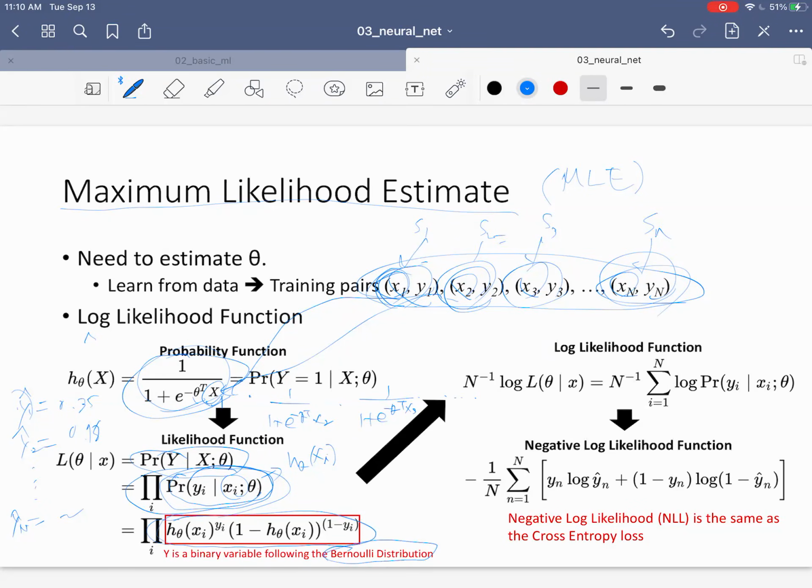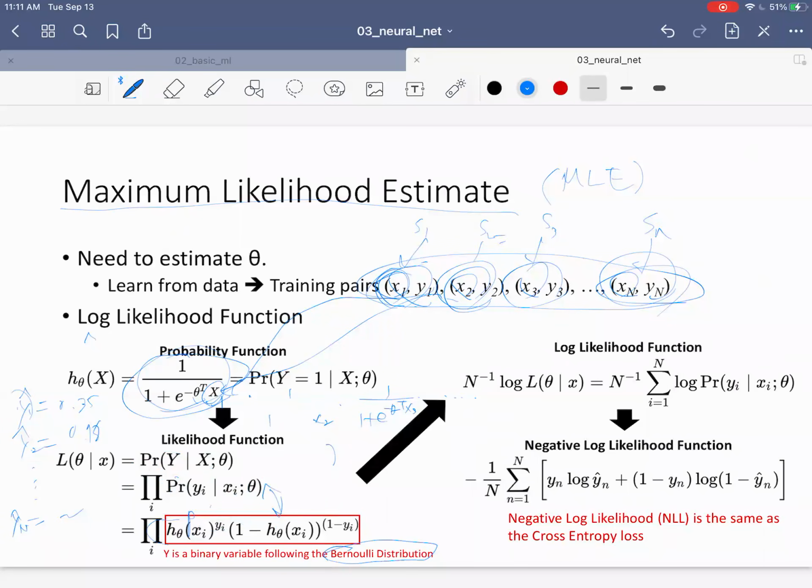You have a winning output and the actual event here, and then you have a losing output and the losing event, and then you just multiply them together, and that's your Bernoulli distribution. So since we are modeling a binary event, we simply model this with a Bernoulli distribution.